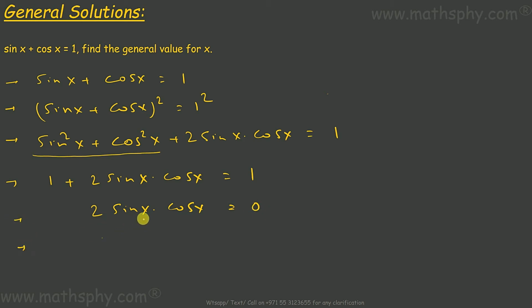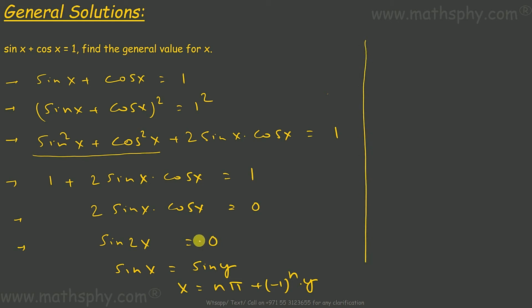Now 2 sin x into cos x is equal to sin 2x. 0 stays as it is. Now again it says sin x equals sin y, where x equals n pi plus negative 1 raised to n into y. Here y, this 0, can be taken as sin 0 degrees.